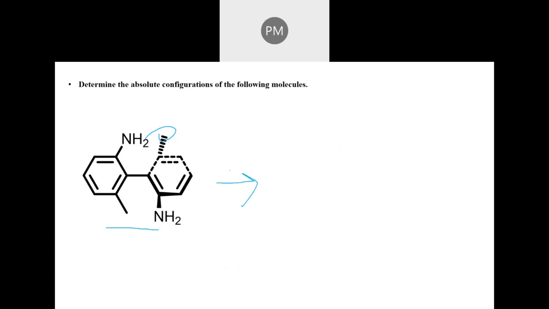Now we have to draw this molecule to determine whether the configuration is R or S. We have drawn it like that. We have placed our eye from here. What are we seeing? If I place my eye here, we see that this NH2 will be on the above side, so we place this NH2 above.